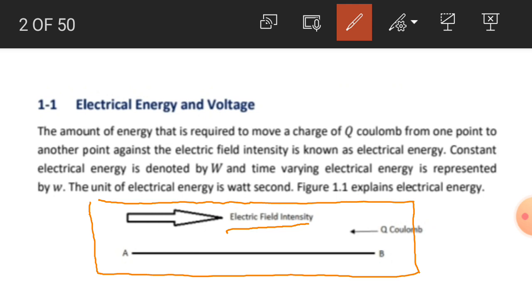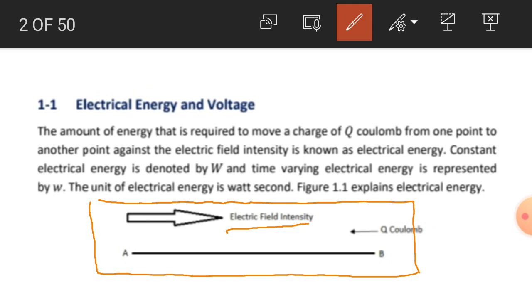And you guys know the definition of electric field intensity. We know that electric field intensity is a force, and force is a vector quantity. So if electric field intensity is a force, and as force is a vector quantity, then definitely electric field intensity is a vector quantity as well.